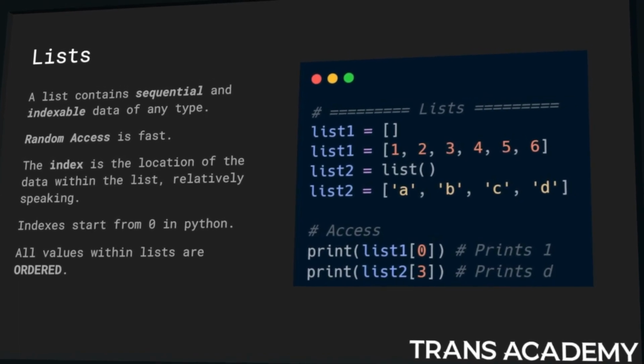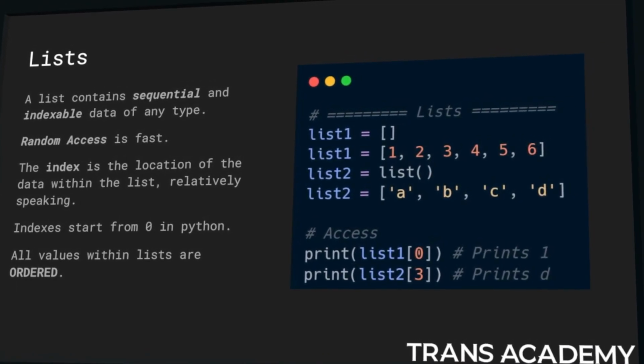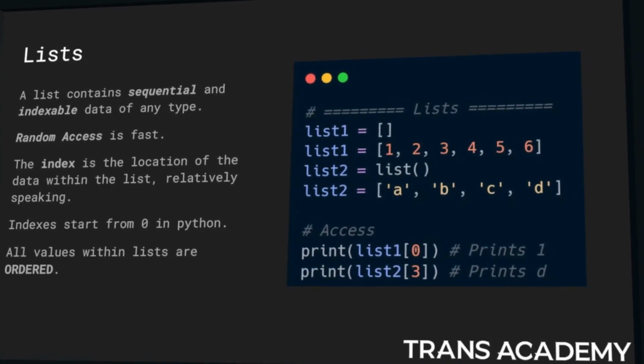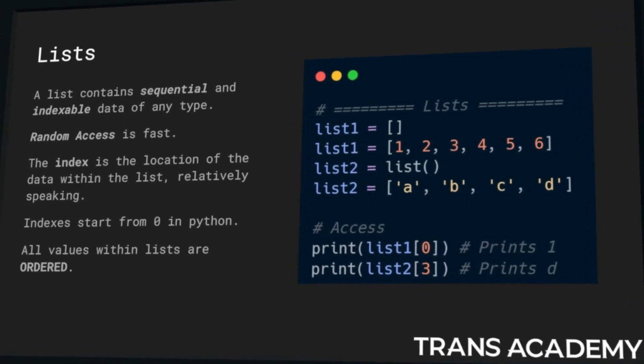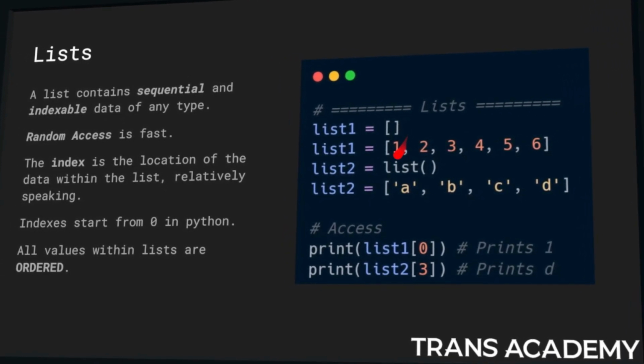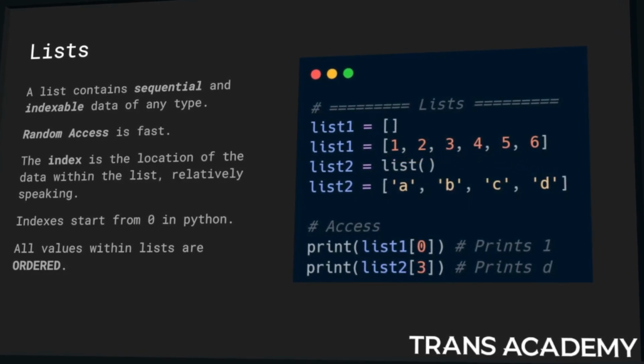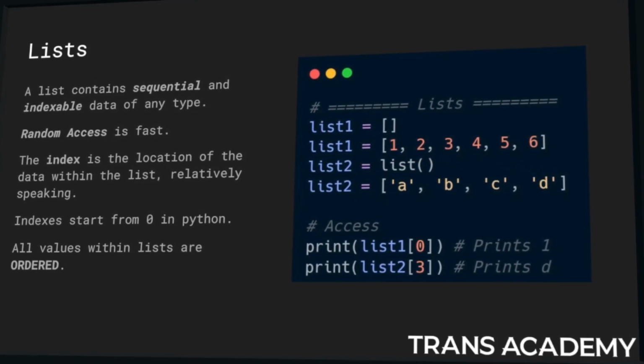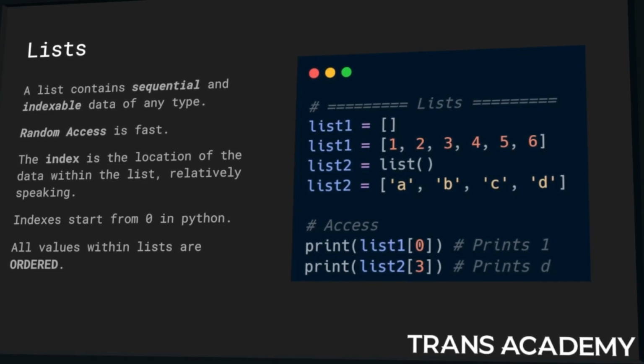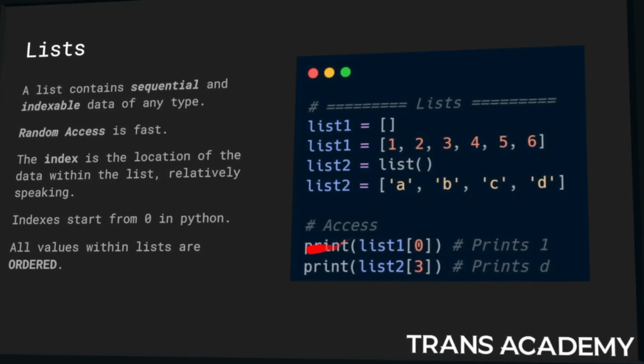So how exactly does a list work? A list is sequential, meaning there's a specified order, and you can also index it. If we took a look down here, for example, we have print list 0.